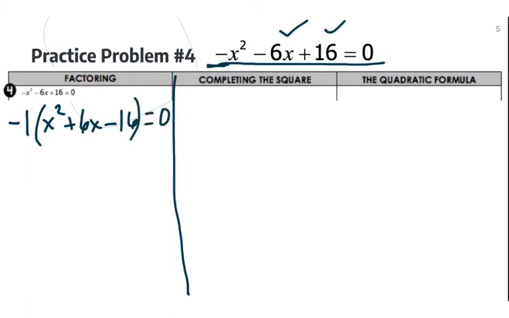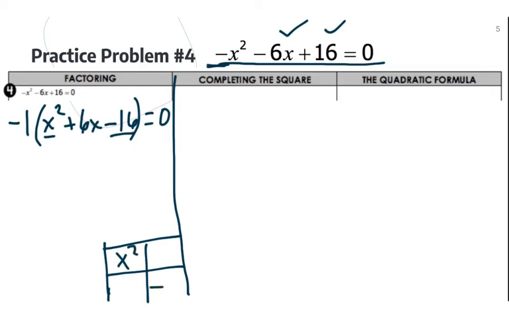Okay, so I've kind of factored it a little, but I want it to be broken into those two parentheses. All right, so I'm just going to do it on the bottom here and see if that gives me enough room. Of course it doesn't. Okay, so let me make that a little bit bigger. All right, cool. So first term goes in the first box.